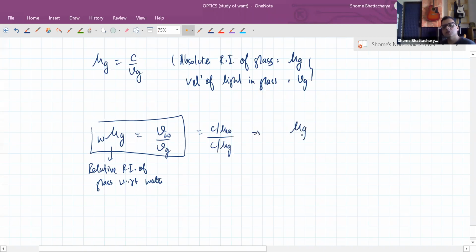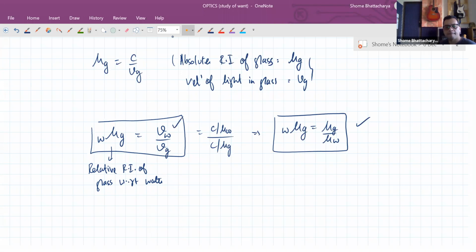So we have the formula that this thing is absolute refractive index of glass divided by absolute refractive index of water. Its meaning is this, but the formula becomes this. This is approximately 1 only.